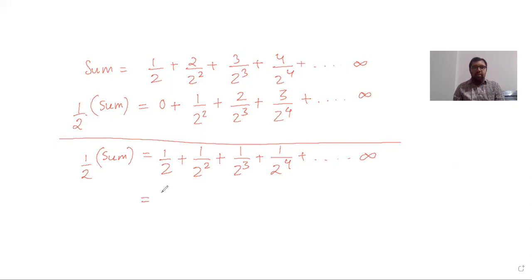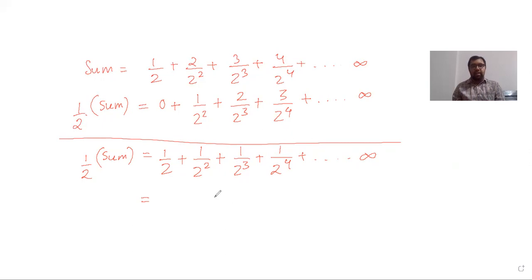When we observe here, we see that this reduces to a series which is an infinite GP. Here we can easily observe that each term is half multiplied by the previous term. To get the second term, you multiply half with the first term. To get the third term, you multiply half with the second term.